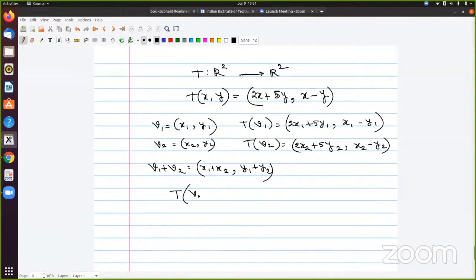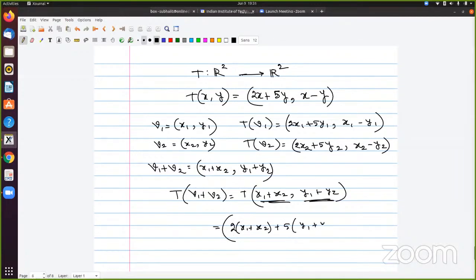T of V1 plus V2 is T of x1 plus x2, y1 plus y2. Now this is my x, this is my y. So what will be the image? 2 times x1 plus x2 plus 5 times y1 plus y2, x1 plus x2 minus y1 plus y2. Breaking it down: 2x1 plus 2x2, 5y1 plus 5y2, x1 plus x2 minus y1 minus y2.